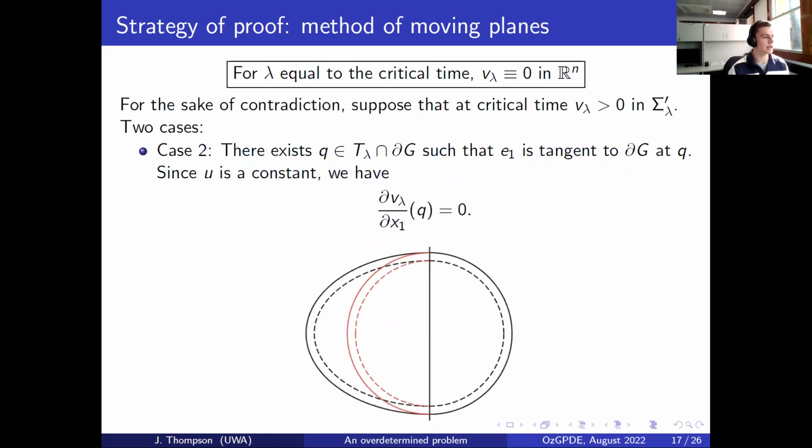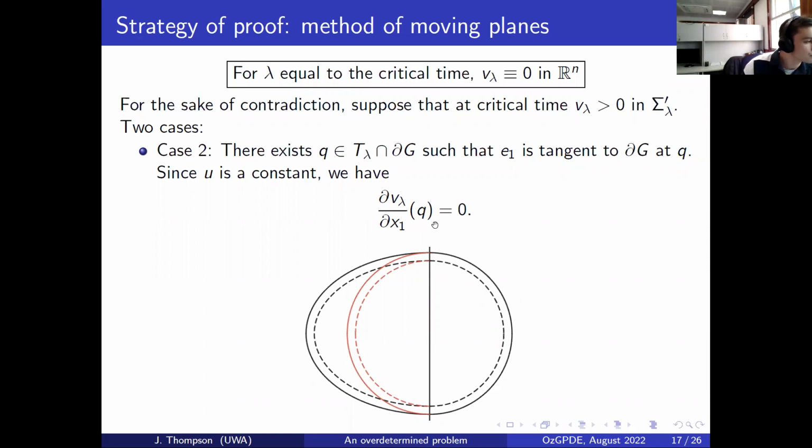Now, in the second case, we can argue that the x1 derivative is 0. So first of all, we have this Q, which is this point here, where E1 is tangent to the boundary of G. And so we get this by, again, using that the boundary of G is parallel to the boundary of omega.